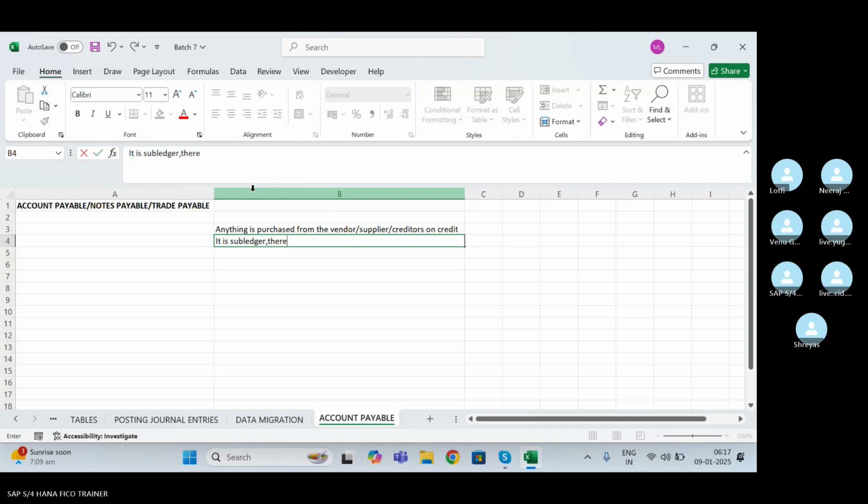Therefore, all purchases must be linked to the general ledger. The general ledger name is reconciliation GL, or you can also say control account.